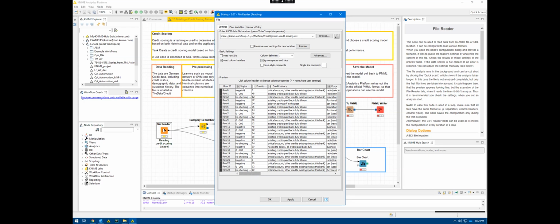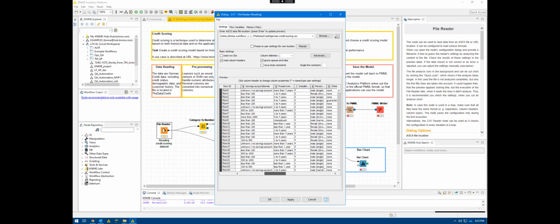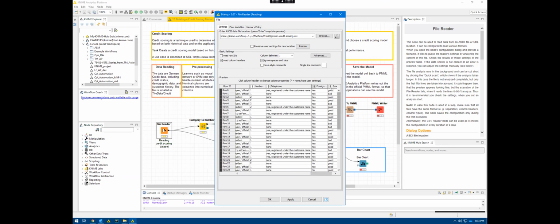Then, as you can see here, this is the data set that we're trying to create some prediction on. In this case it's some German credit data, and we're trying to predict the score based on this training data.